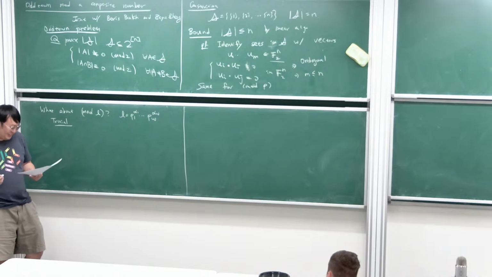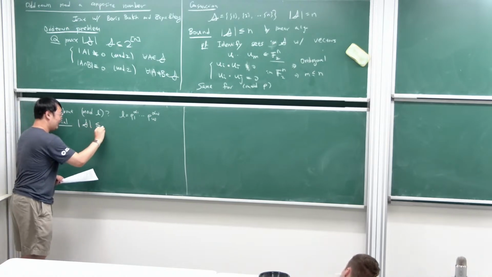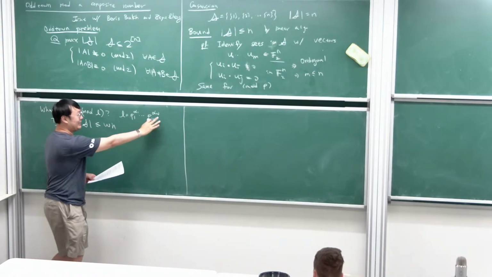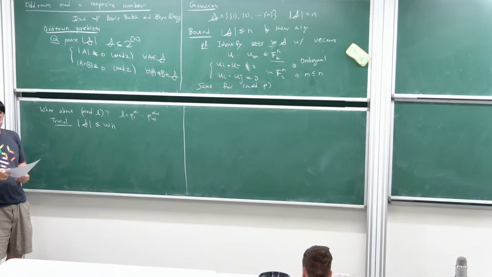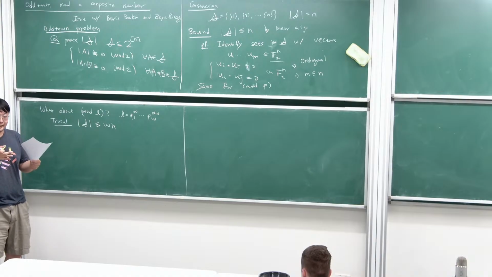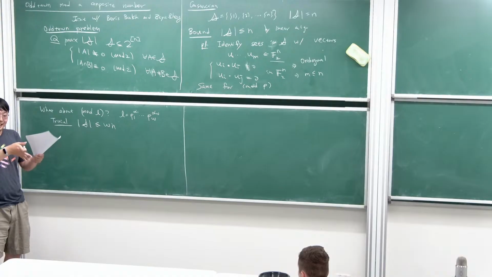Okay. So the trivial upper bound is that you can bound the number by omega times n, where omega is the number of primes in my prime factorization of L. The reason is simple: you collect all the vectors depending on their norm, the dot product with itself.